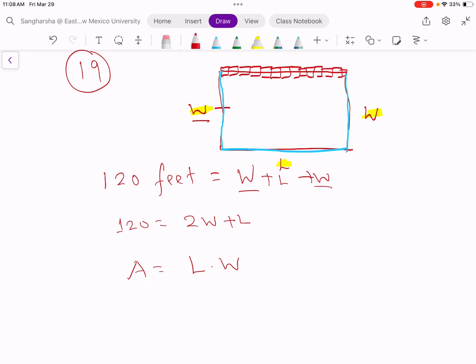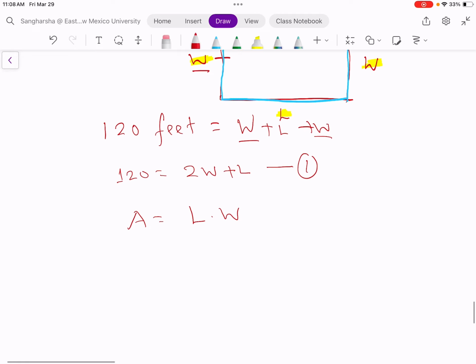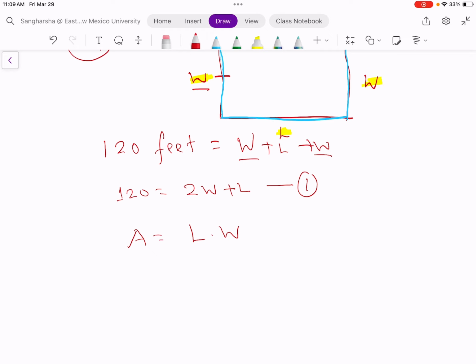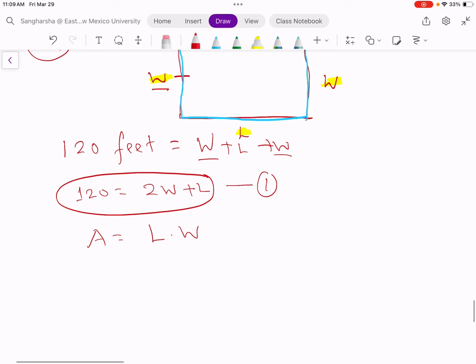Now you're going to use this equation. Let me call it equation 1, solve for one of the variables, W or L, it does not matter, and substitute into the area. So from equation 1, can I say L equals 120 minus 2W? Do you agree?